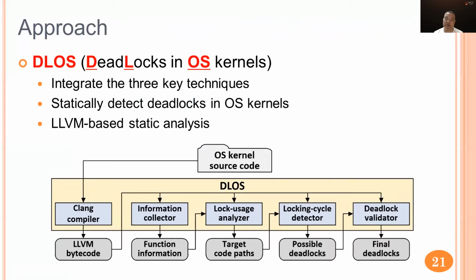Based on the 3 key techniques, we propose a new approach named DLOS to statically detect deadlocks in OS kernels. We have implemented DLOS with the Clang compiler, and it performs static analysis on the LLVM bytecode.